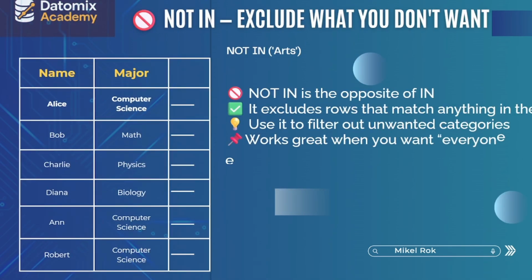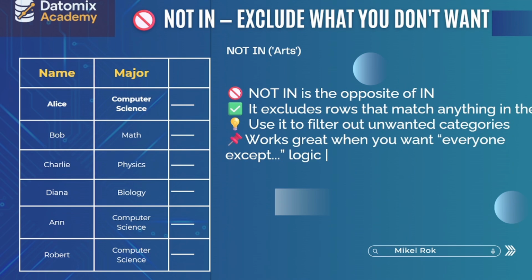What about NOT? NOT is the opposite. It says only include rows that do not match a condition. For example, SELECT * FROM students WHERE major NOT IN ('arts'). In this scenario, I have only one item in our list, which is arts.